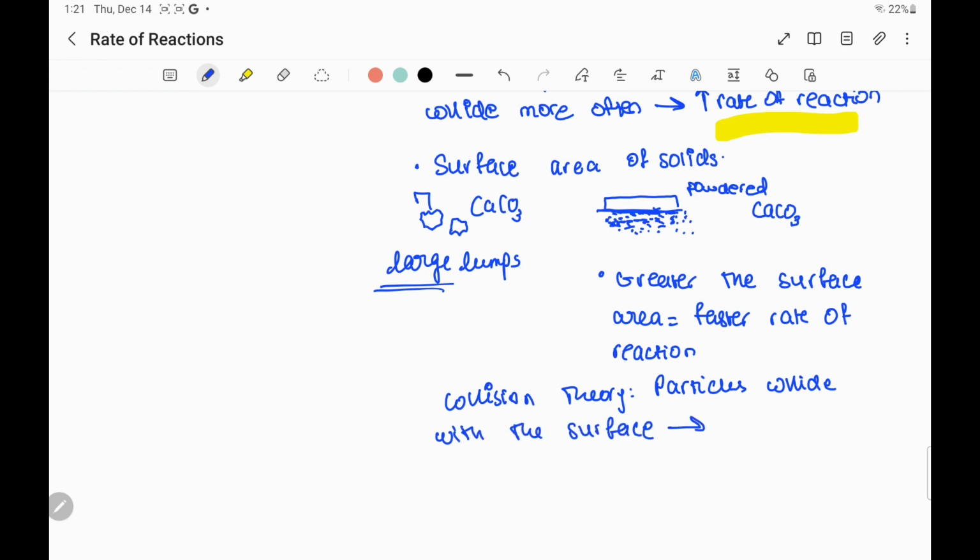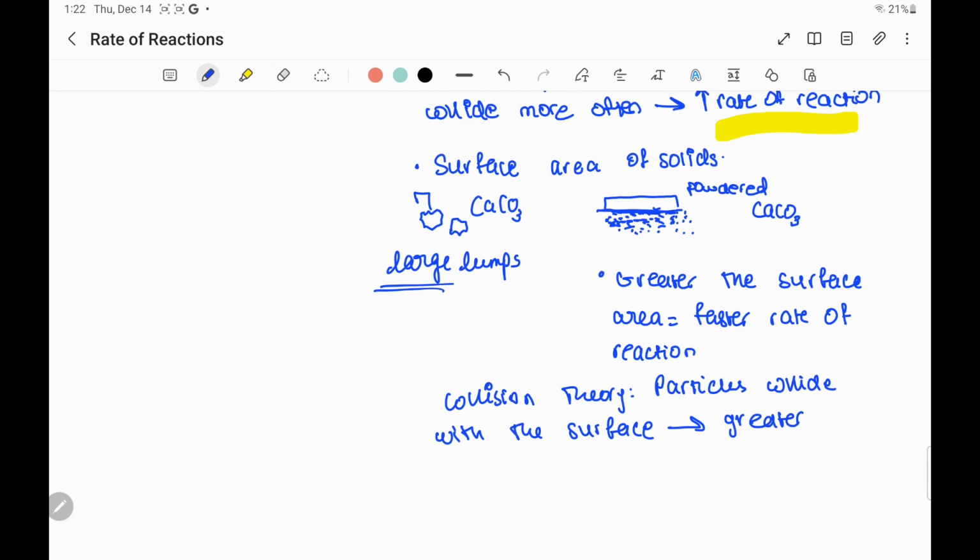And the greater the surface area, the more particles can collide. So over here, for example, you are only getting 2 particles colliding. Over here, you're going to get 1, 2, 3, 4, 5, 6, 7. This is the visual illustration of what's going on in the collision theory.